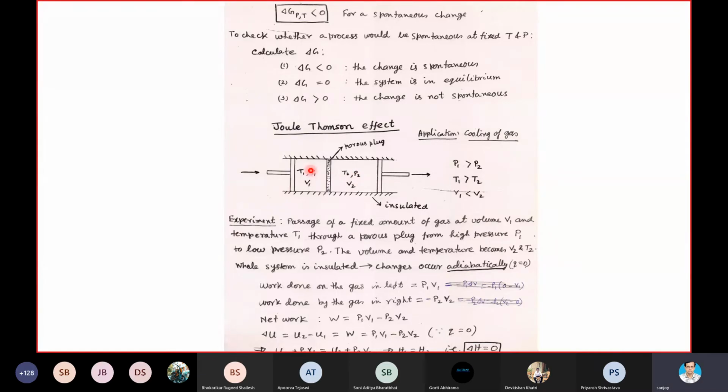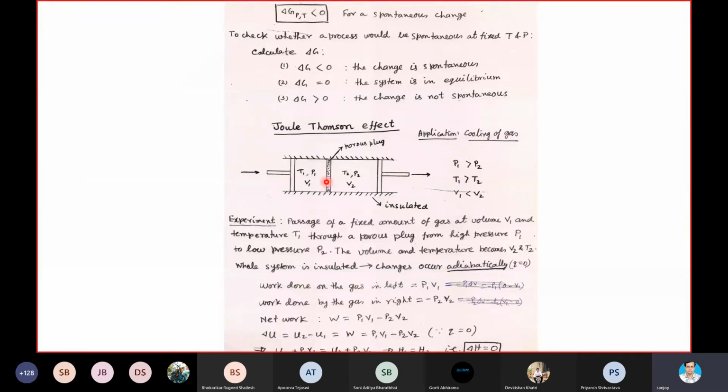Suppose you decide P1 is 100. Then P2 can be any value less than 100. So you decide the value as 90. Then you carry out the entire expansion process and measure the temperature. Next, P1 you keep the same 100 atmosphere, P2 you make say 80. Again you carry out the process and you get another temperature, T2.